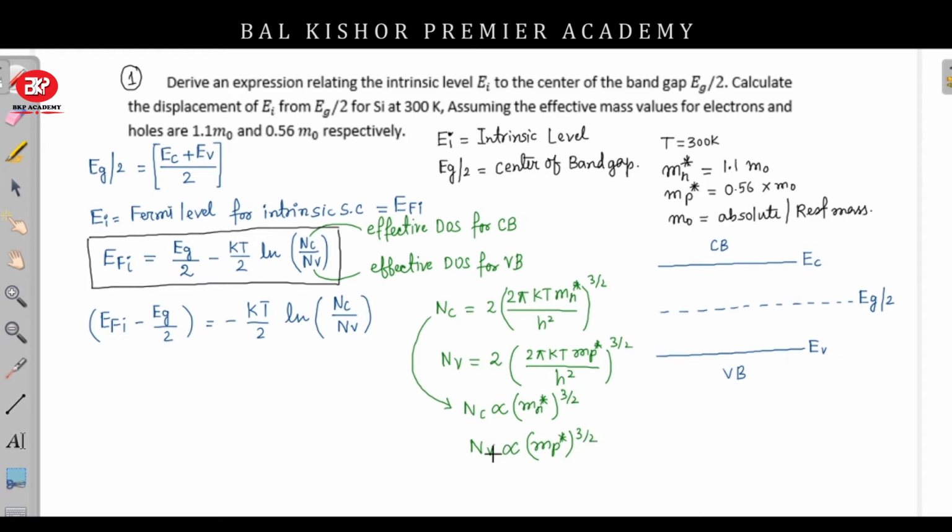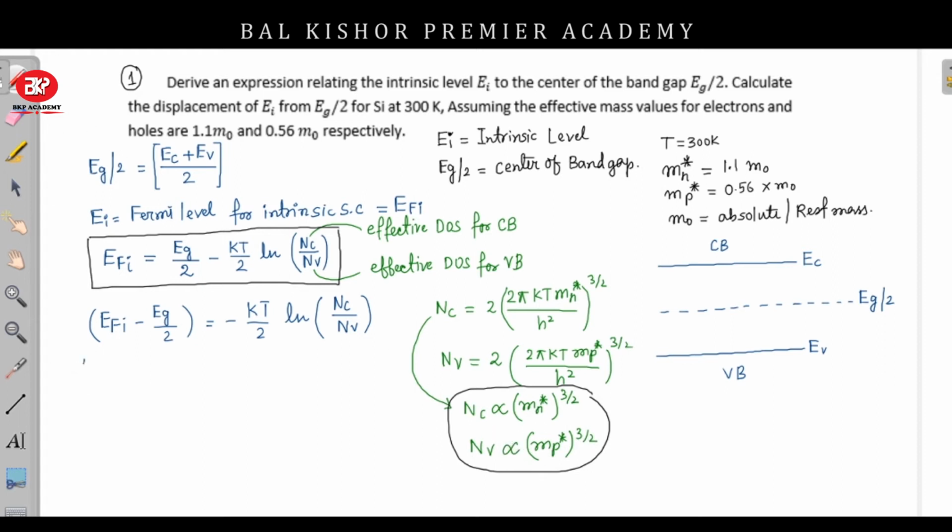So now if we replace this NC relation and NV relation in the main equation, ये वाले NC प्लेस में अगर मैं Mn star to the power 3 by 2 रखता हूँ और NV रिलेशन में Mp star to the power 3 by 2 डालता हूँ, so what will happen?